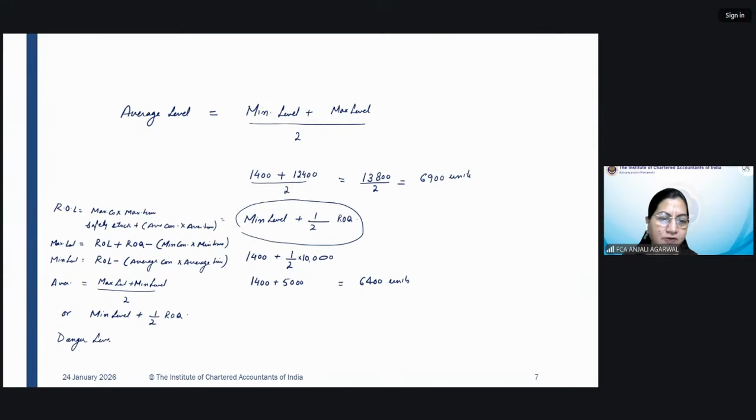So if the level of stocks reaches so below that you have to get them in an emergency time.